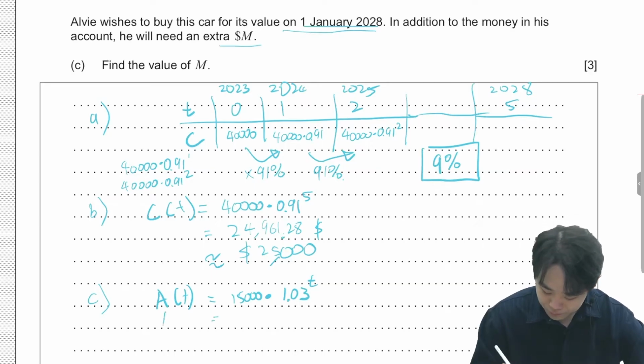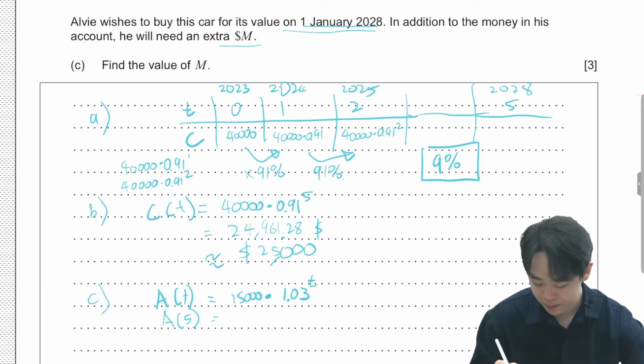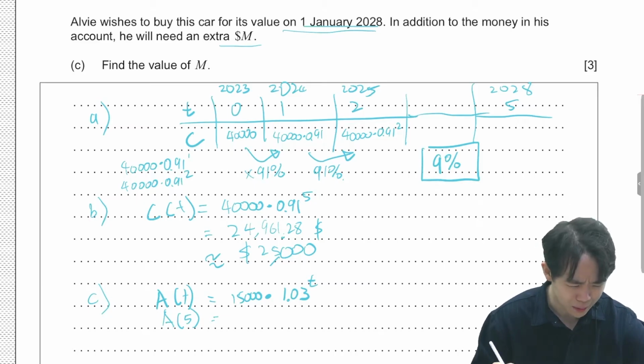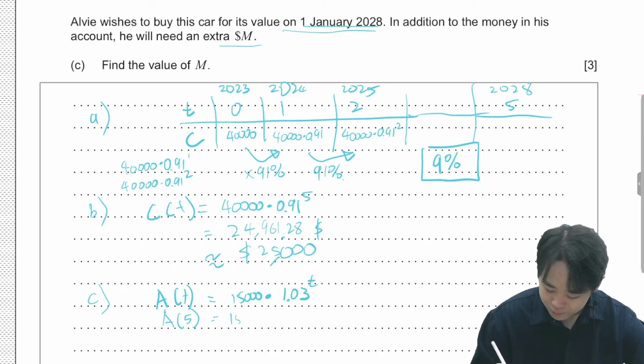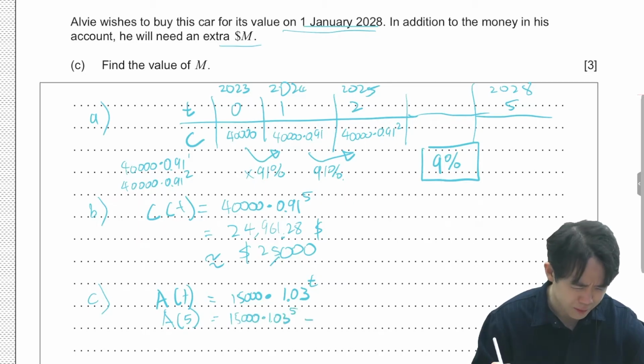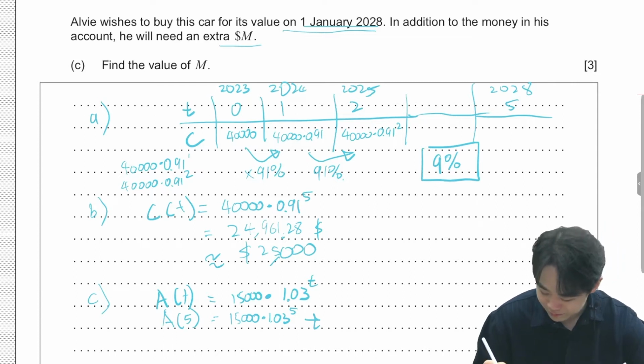So when t equals 5, right, at the year 2028, his money will grow to somewhere around 15,000 times 1.03 to the power of 5, which is going to be 17,000.